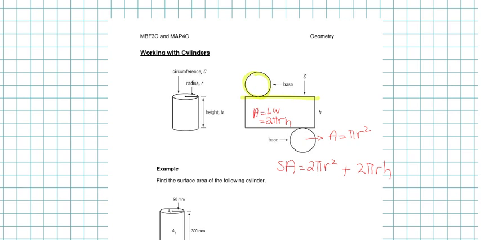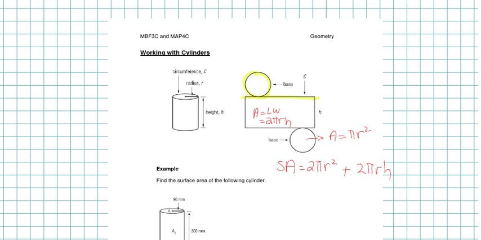Are we okay with that? Okay. Look at your formula sheet. When you're looking at the surface area, the bottom one, which says area total, is the one you're going to use if you're looking for the total surface area. It says right here, area total: 2 pi r squared plus 2 pi r h.